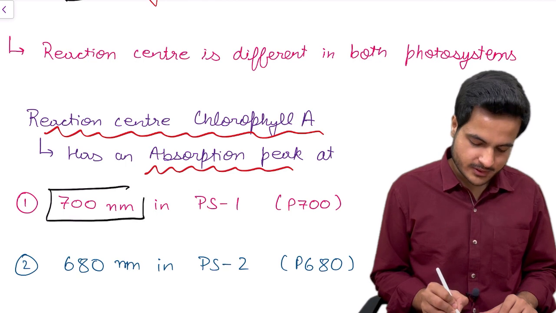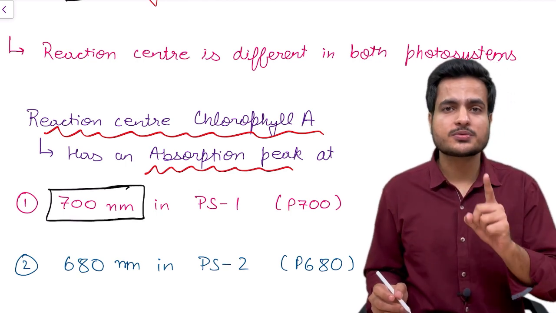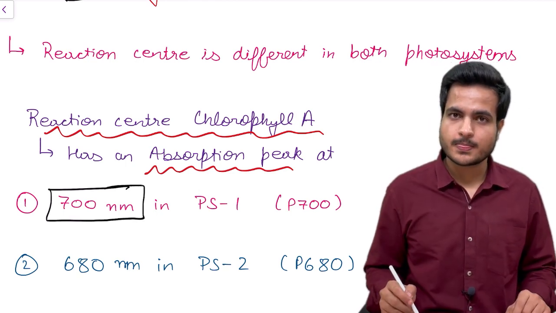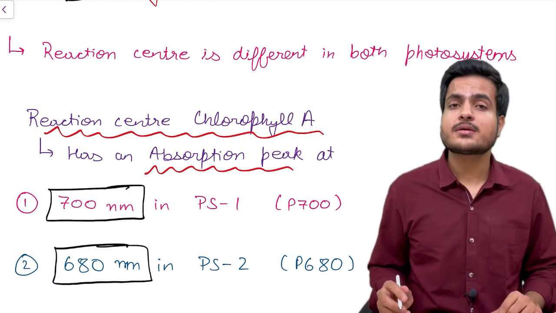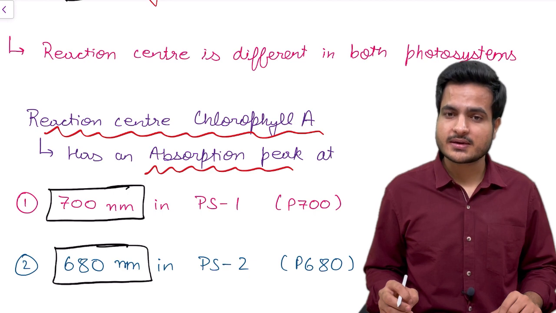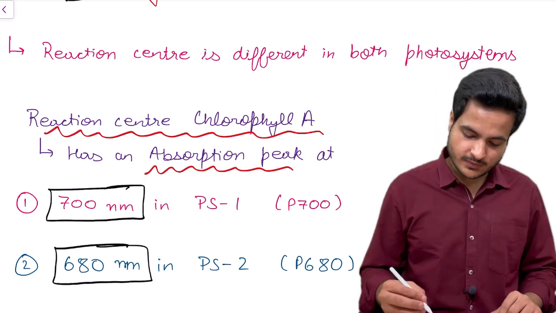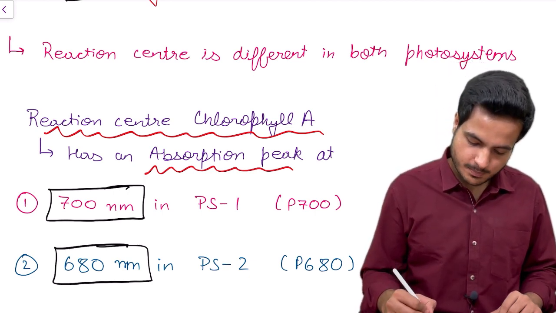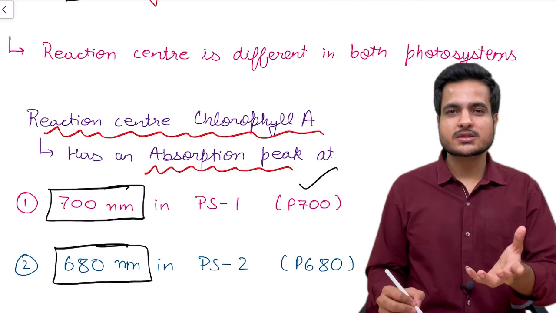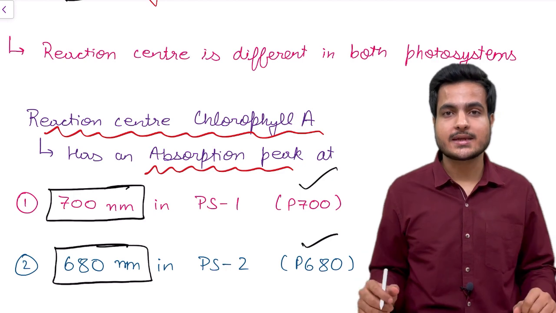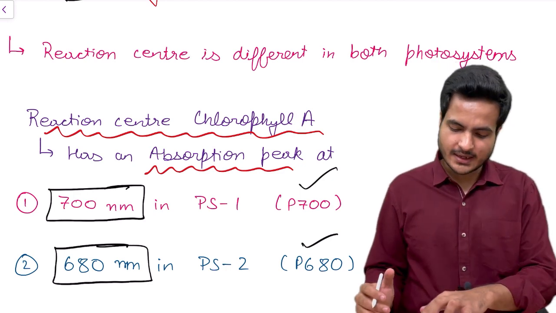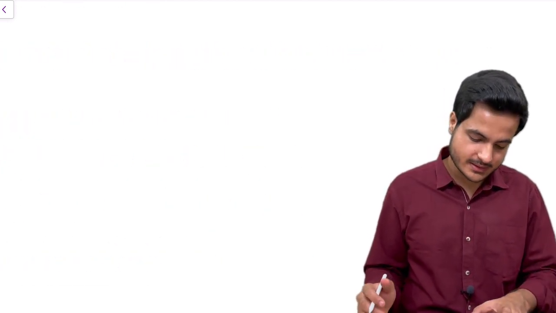So we have to remember that 700 nanometer is the absorption peak of photosystem 1, and in photosystem 2 the absorption peak lies at 680 nanometer. Therefore photosystem 1 is also called P700, denoting its absorption peak, and photosystem 2 is also called P680.